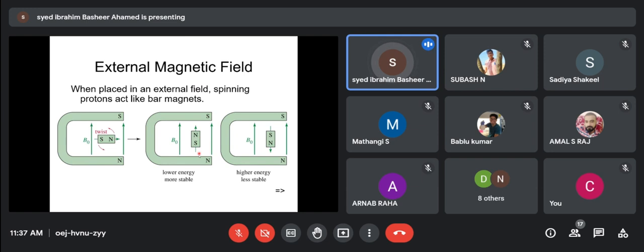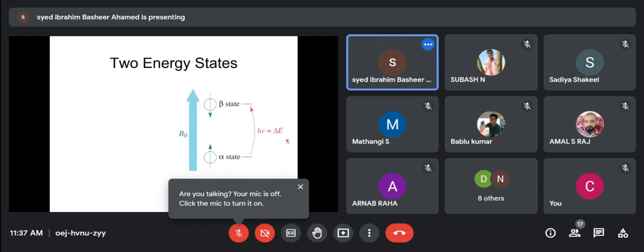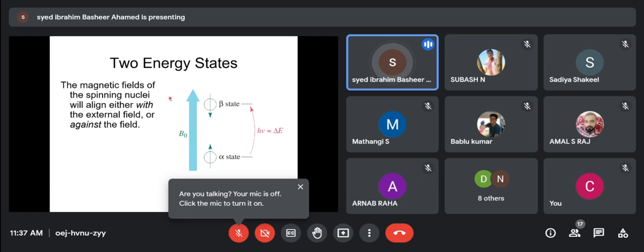Here you see this is a low energy, more stable arrangement, whereas south and south repel each other, which is high in energy and less stable. The same thing happens with a bar magnet in an external field. So there are two energy states.